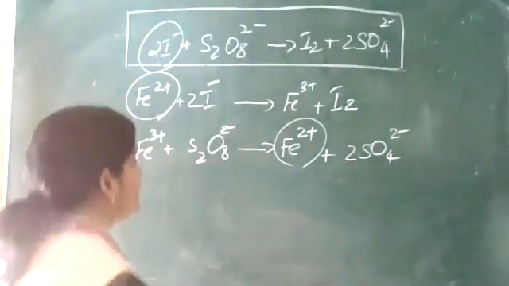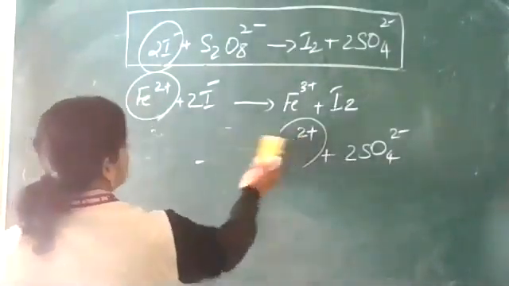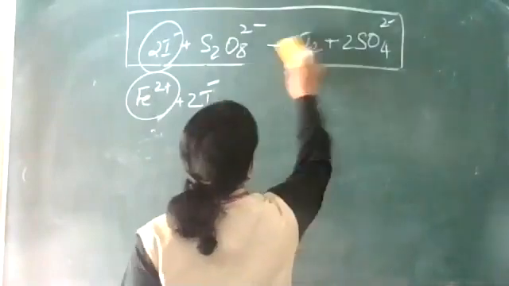Next, colored compounds. Why do they give colored compounds? Transition elements, or d block elements, mainly depend upon the d orbitals.